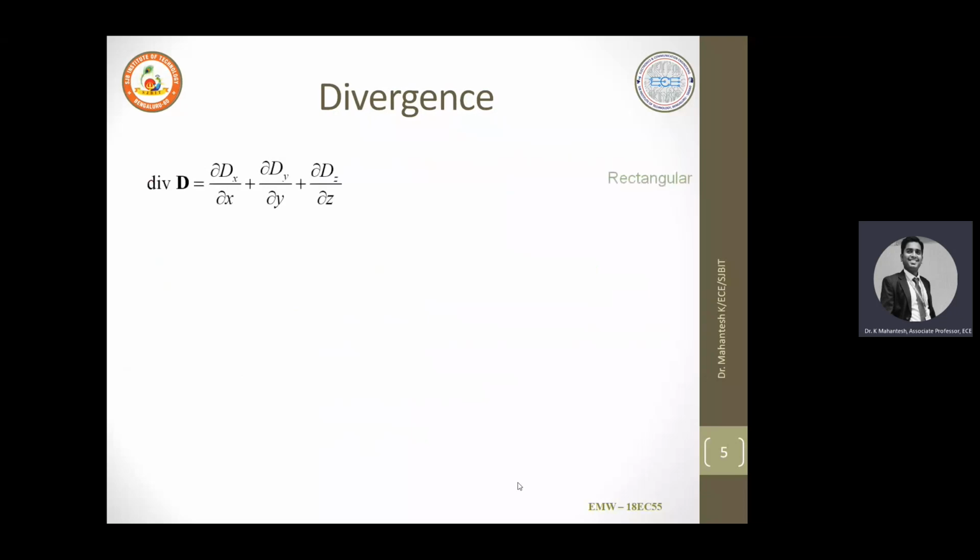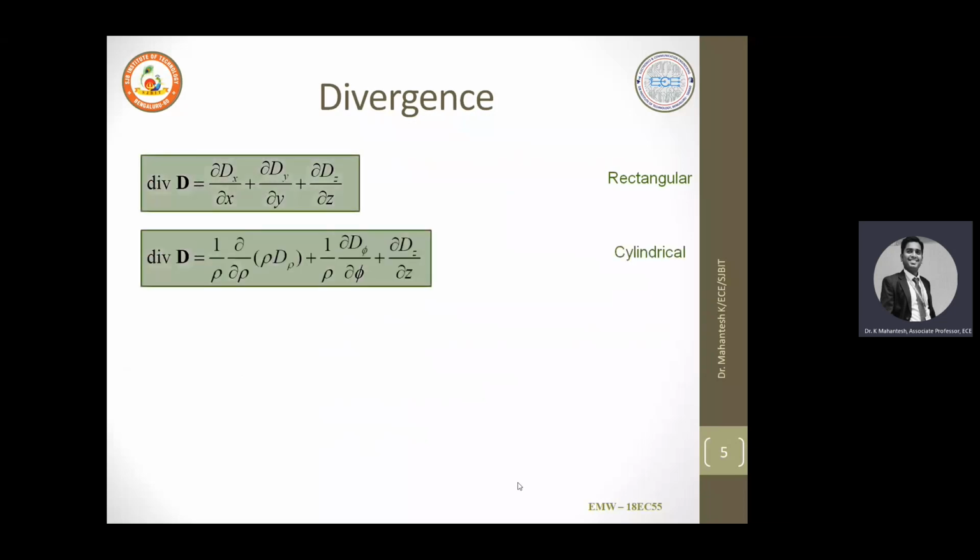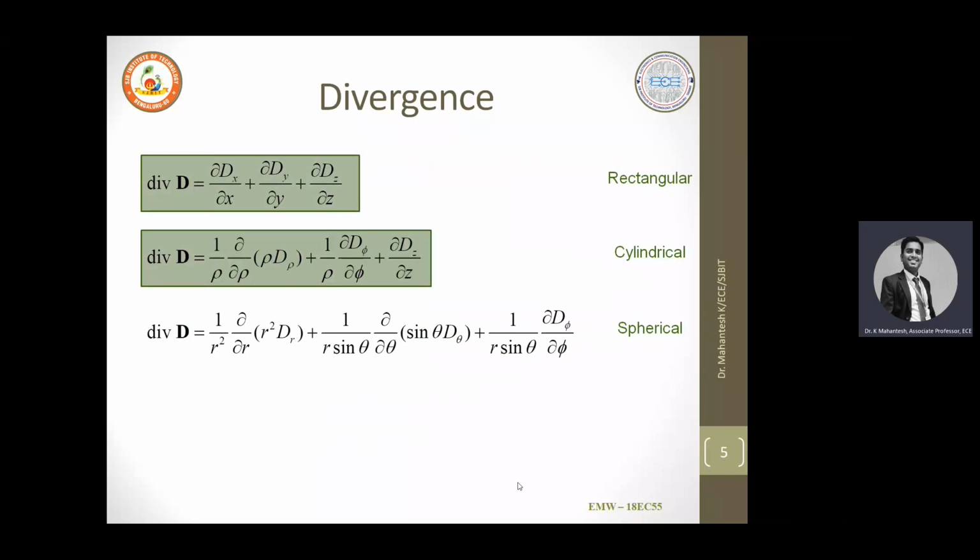Now, from the derivation, we can understand the divergence in the rectangular coordinate system, that is, divergence of D equals ∂Dx/∂x + ∂Dy/∂y + ∂Dz/∂z. Whereas in the cylindrical coordinate system, divergence of D is given by 1/ρ ∂(ρDρ)/∂ρ + 1/ρ ∂Dφ/∂φ + ∂Dz/∂z. The cylindrical system, when compared to rectangular, is moderately complex.